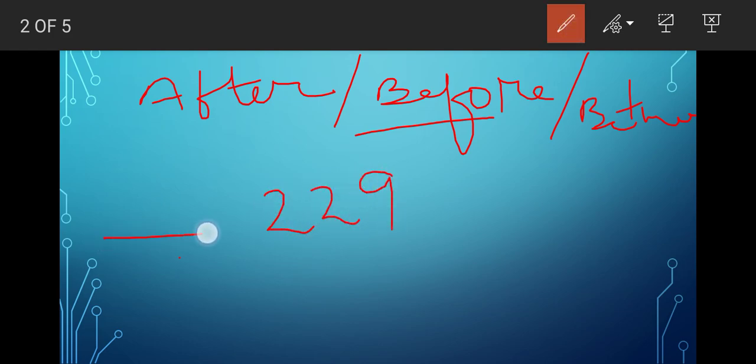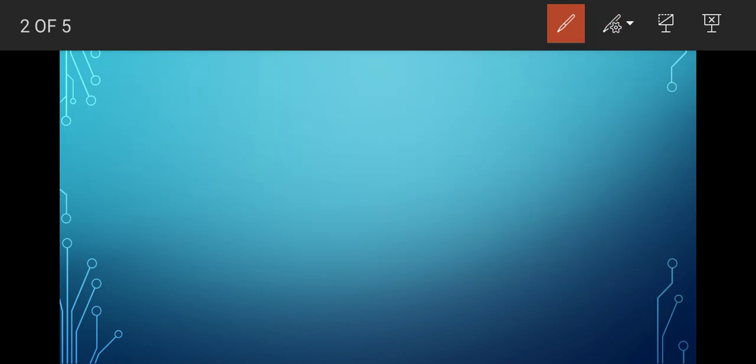So what comes before and what comes after? How will you find out the before number? When you minus 1, you get 228. And when you plus 1 to 229, you get 230.